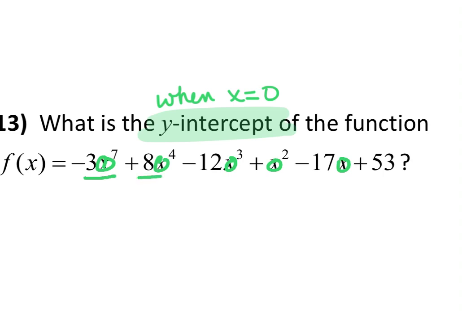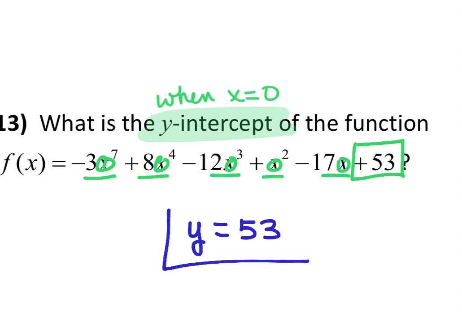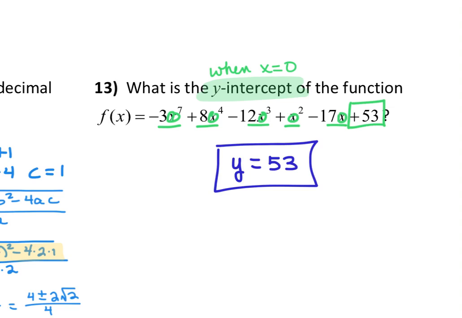If all of these terms have a 0 multiplied by them, the y-intercept is just going to be that last term that doesn't have a 0. And so for this function in number 13, your y-intercept is y equals 53. And that's really all you have to write. I don't need to see any of the things that I wrote in green. Just y equals 53 is sufficient. Or you could write the point (0, 53).